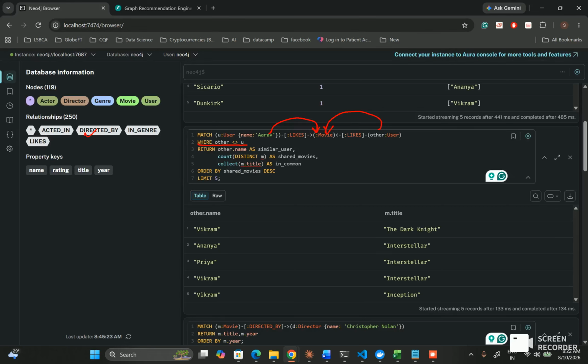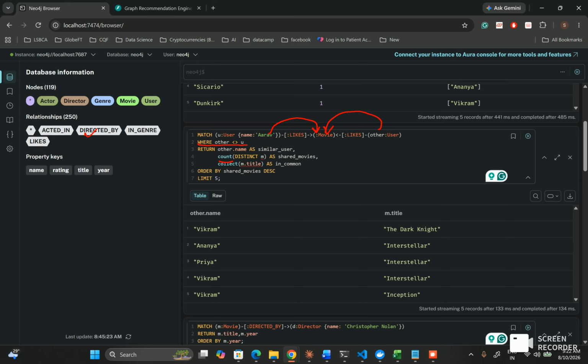Okay, now here's the important part and the actual difference from feature 1. Instead of just noting that someone overlaps, we count how many different movies they overlap on. Someone who shares 3 movies with Arav is a much closer match than someone who only shares one.